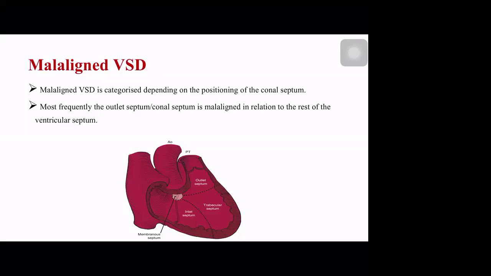But if there is a breach between the downward movement of the bulbar septum and the upward movement of the muscular septum, there will be malalignment.